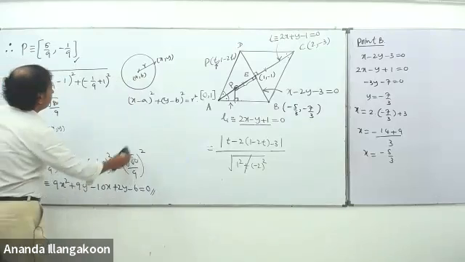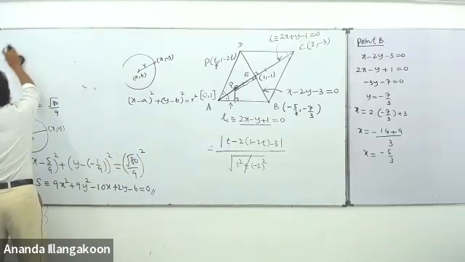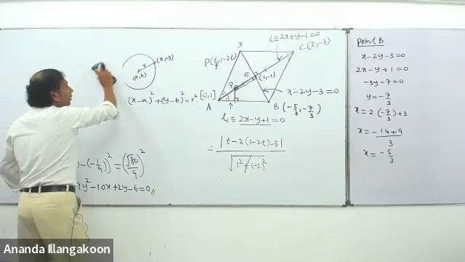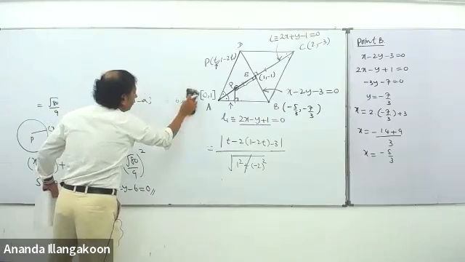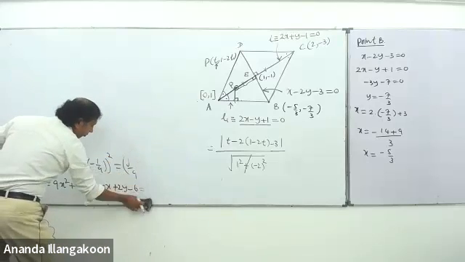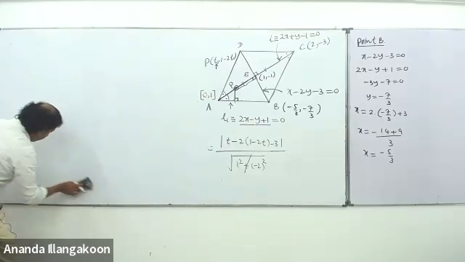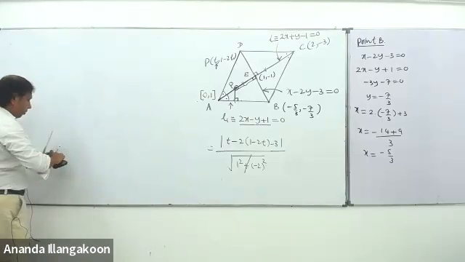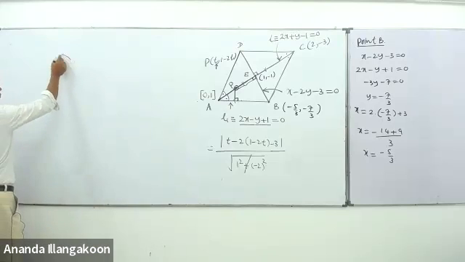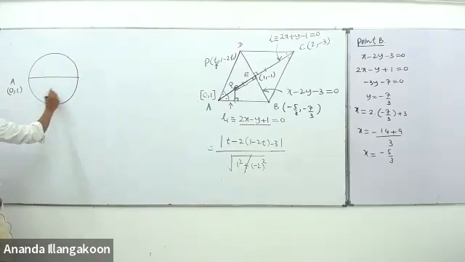Now, when we are given a certain line segment as the diameter of a circle, we know how to take the equation of the circle. Now I take AB like this. A we know is 0, 1.